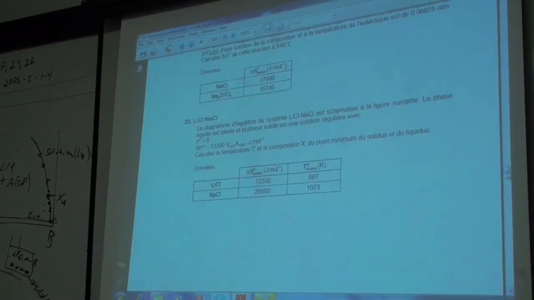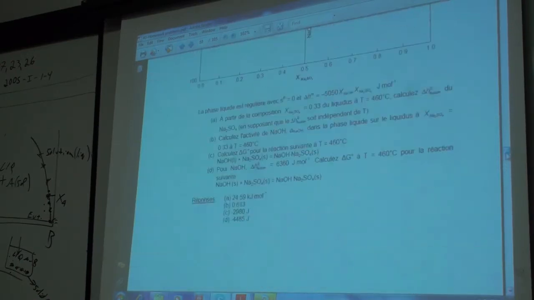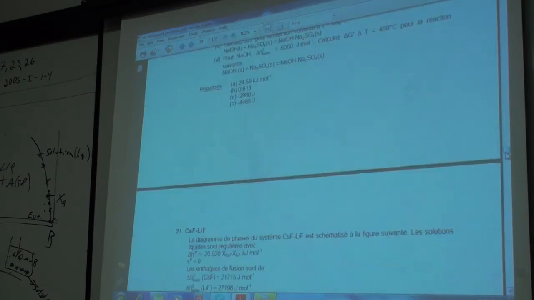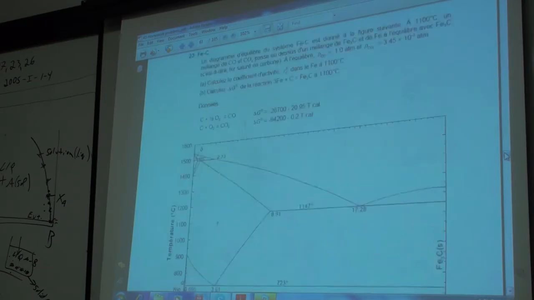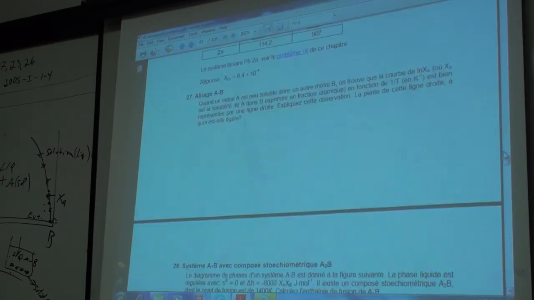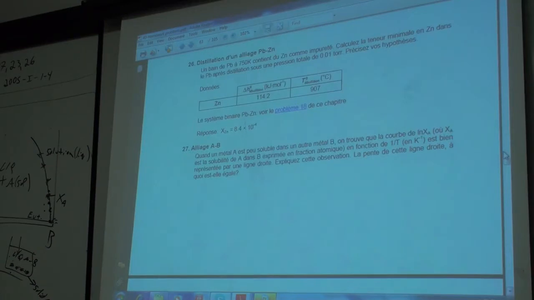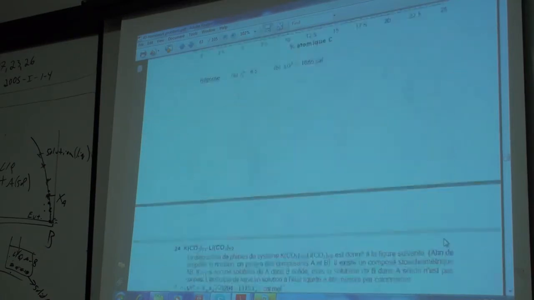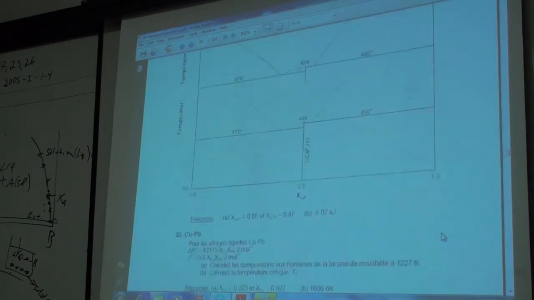But where are the diagrams? What am I doing? It's right behind the diagram. It says it's given in problem 18. See problem 18. Excuse me.